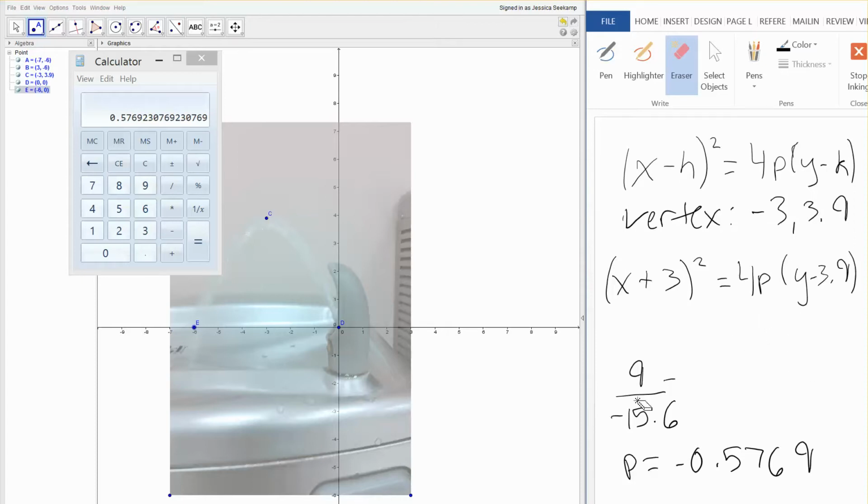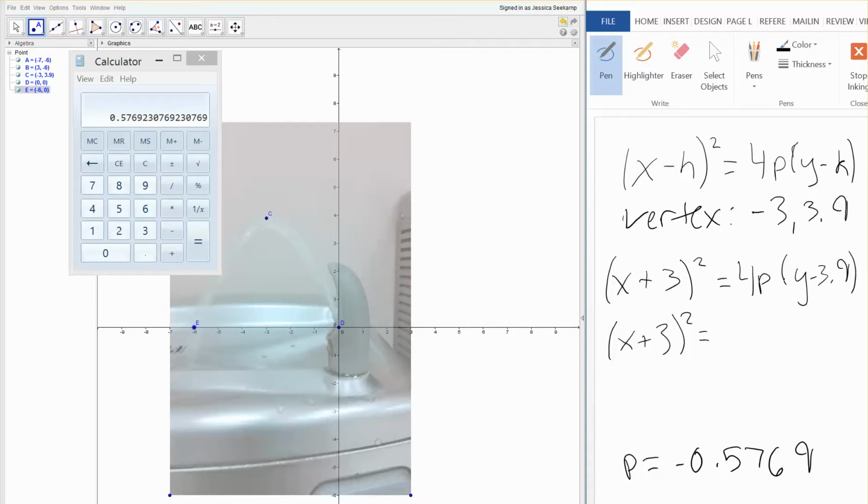Okay, so then go back up here, and I'm just going to erase right here, and we're going to take this formula that we came up with, the x plus 3 quantity squared equals 4p times y minus 3.9, and we're just going to plug our p value in that we found. So I get x plus 3 quantity squared equals 4 times p.